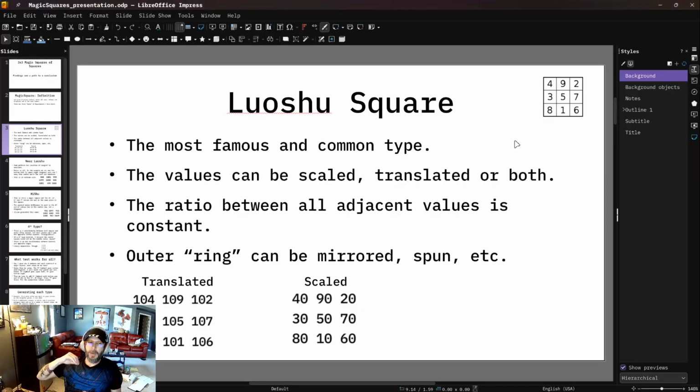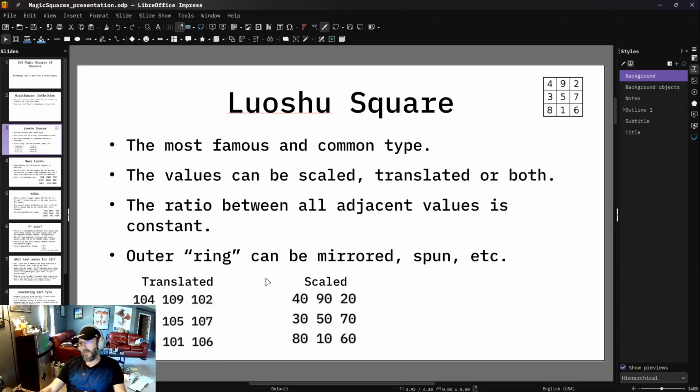But when we talk about a formula later on and how we generate these Loshu squares, generate all the magic squares, we're always going to try and search for this orientation where the bottom center value is the lowest value and the top center value is the highest. And then we'll talk about where the numbers change from there. I believe 2 and 8 always stay where they are. I use a mirrored version of this, so the 2 and the 8 are flip-flopped, if I'm not mistaken. We'll talk about it a little bit later. But just so you know, that is coming.